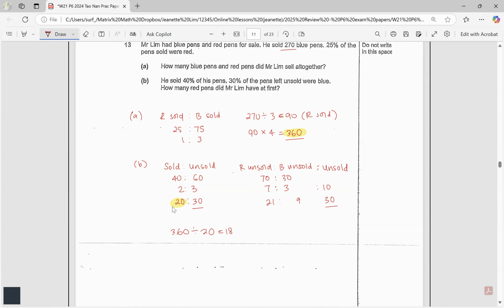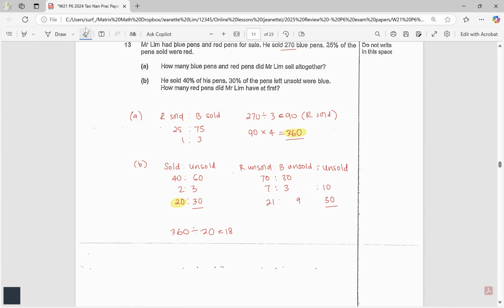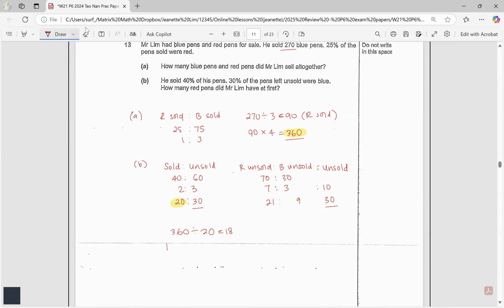We are looking for the number of red pens he had at first. So let's look for red unsold, which is 21 units. So 21. Okay, let's label this red unsold. 18 times 21, 378. Now add it to the red that's sold and you get your total.